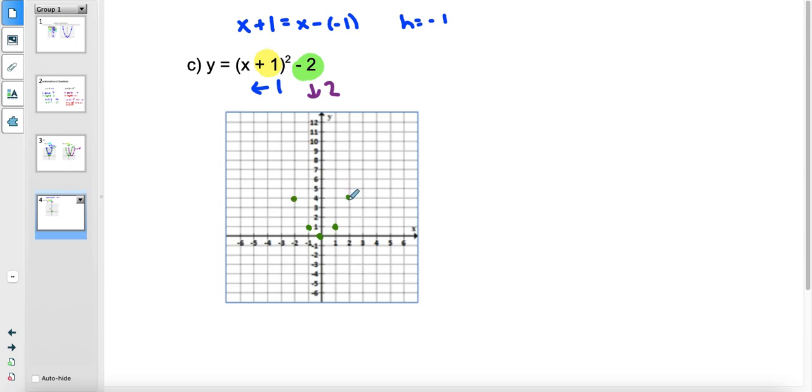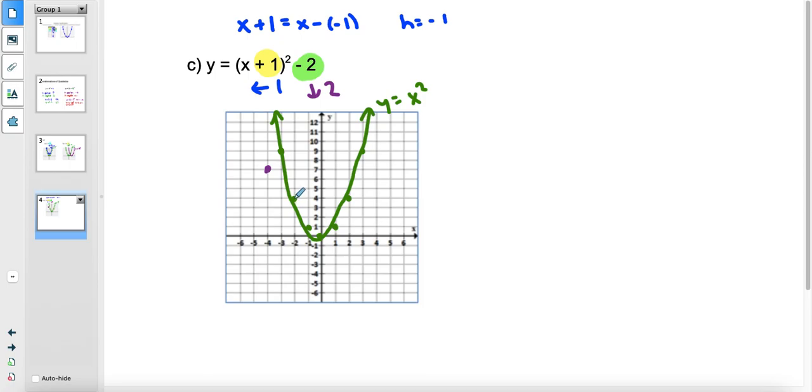And then I'm going to take each of my points and shift them left 1 unit and down 2 units. So again, all I'm going to do now is take my points, shift them left 1 unit and down 2 units. And that's going to give my new point.